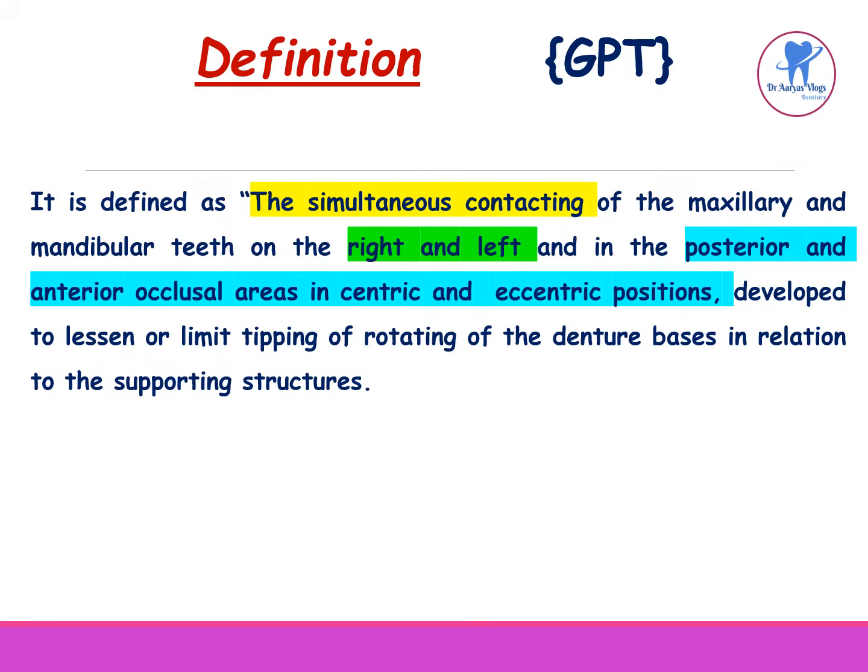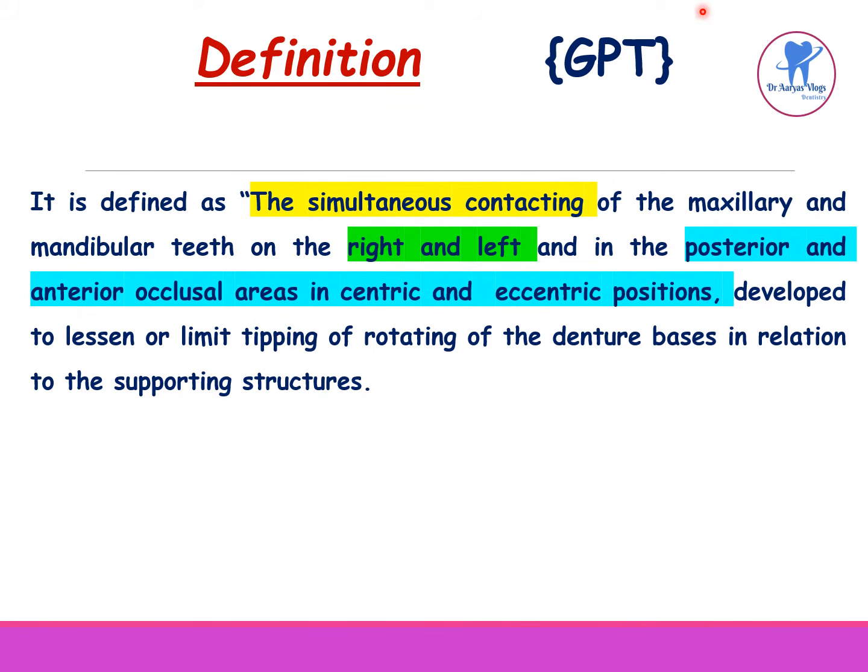Coming to the definition of balanced occlusion, it is defined as the simultaneous contacting of maxillary and mandibular teeth on the right and left and in the posterior and anterior occlusal areas in centric and eccentric positions. It is developed to lessen or limit tipping or rotating of denture bases in relation to the supporting structures.